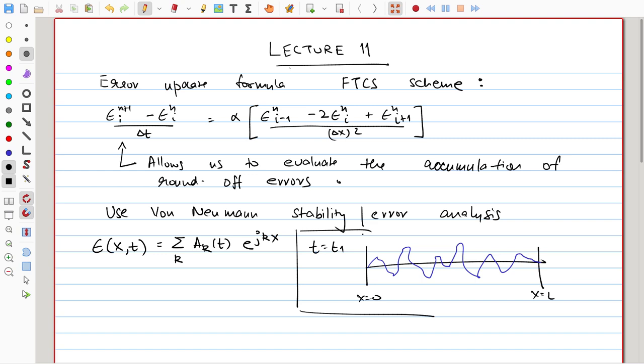So if you look at the complex Fourier series that I have written here, what this tells us is that I am writing this epsilon at a given time t1 as a superposition of different waves. So I could draw it.